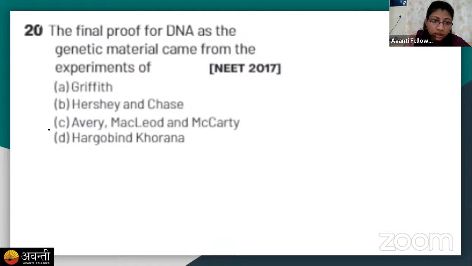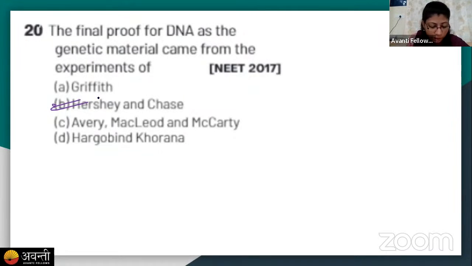The Hershey and Chase experiment gave the final proof that DNA is the genetic material, and they worked using two organisms, one is a bacteriophage and another is bacteria.